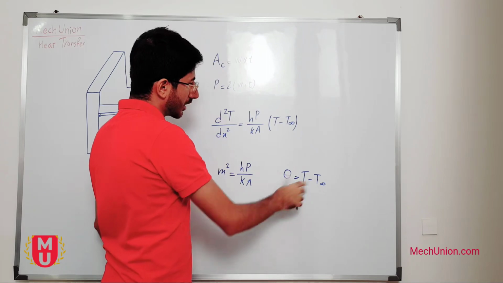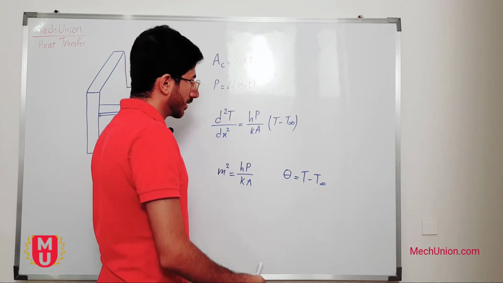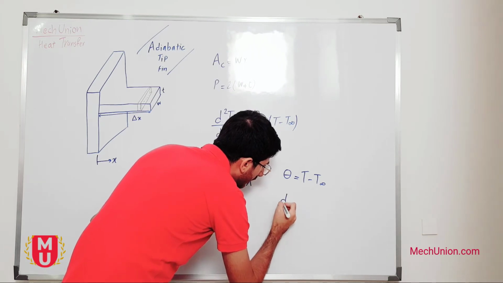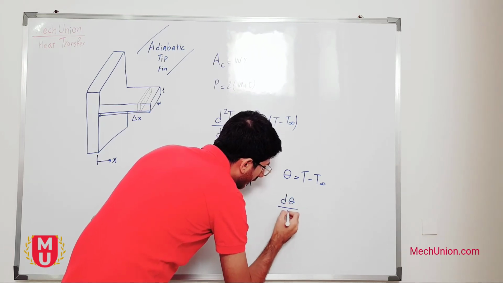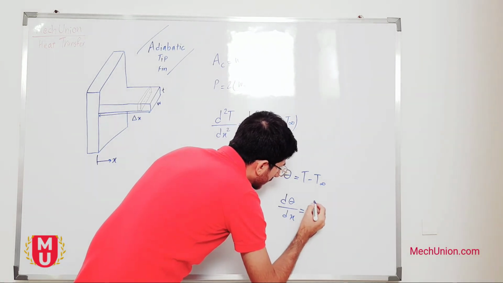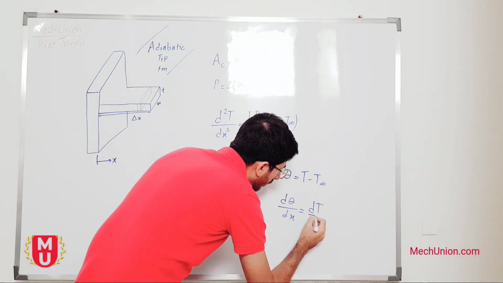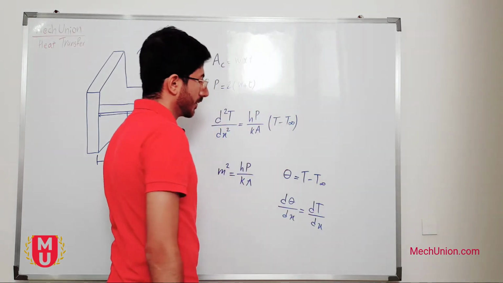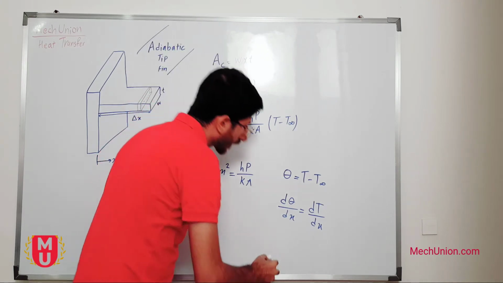If we take the derivative of each side with respect to x, we have d theta over dx equals dT over dx, since T infinity is a constant and its variation is 0.